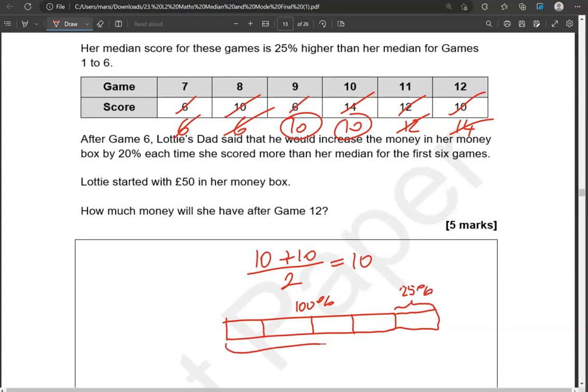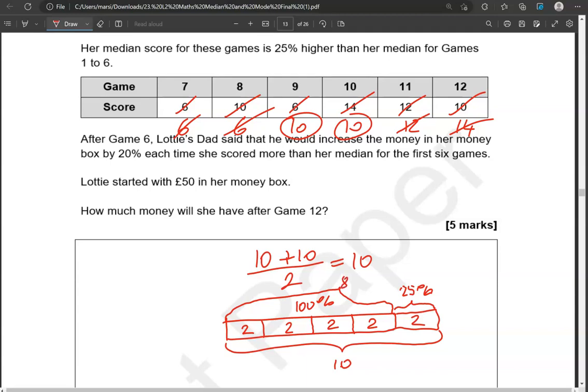Now, we know that the median for games 7 to 12 is 10. So altogether this is 10. We've got 5 of these rectangles, so each of them will be worth 2.